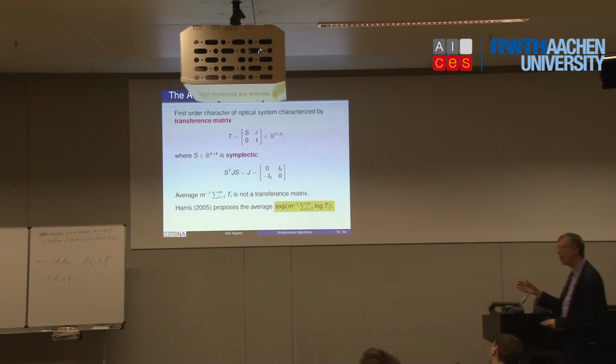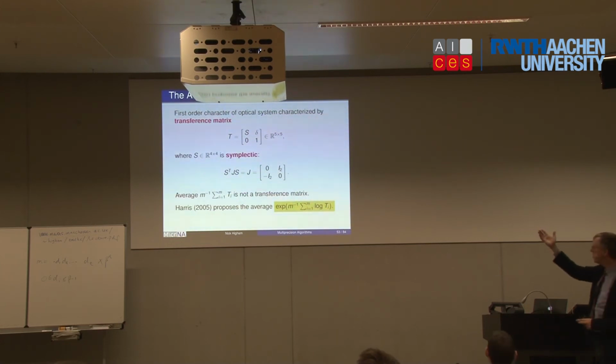What they want to do is take a group of observations about, say, human eyes and find an average. What does the average eye look like? But if you average, say, 3 T's by taking the arithmetic mean, you average 3 S's, and the result will not be symplectic. So the property of symplecticity is not preserved by the usual arithmetic mean.